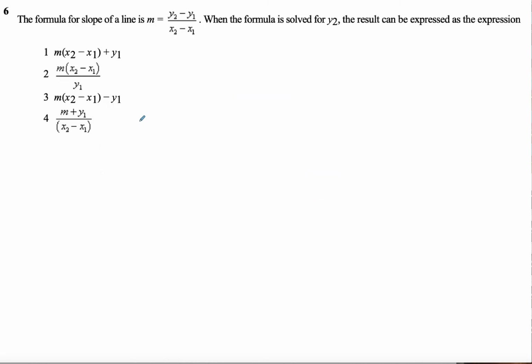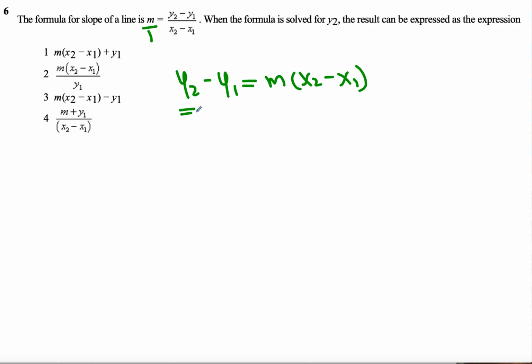Alrighty, let's look at number 6. The formula for the slope is this one. When the formula is solved for y sub 2, what is the result? So I'm going to multiply them across. So we get y sub 2 minus y sub 1 equal to m times x sub 2 minus x sub 1.